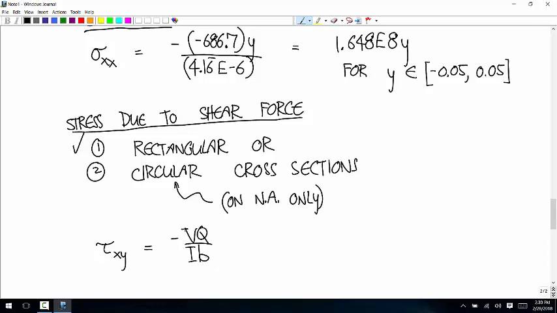Which of these values that go into this calculation are going to depend on y? Any of them? V won't, right? For x equals 0, we just have a fixed shear force. I and B won't. Those have to do with the whole cross section. But Q will. Remember, when you're doing that Q calculation, you choose a horizontal line to do that calculation for.